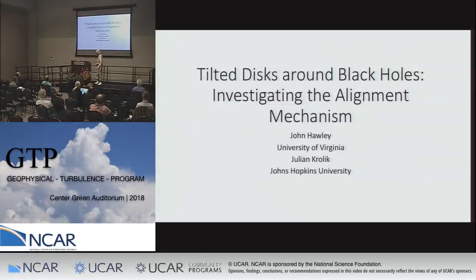All right, so this is a problem that's been around now for 40 years at least, when the seminal paper by Bardeen and Petterson in 1978 pointed out that an accretion disk around a rotating Kerr hole, if its angular momentum was misaligned with the rotation axis of the black hole, then there would be a process by which the accretion disk could come into alignment with the equatorial plane of the black hole.